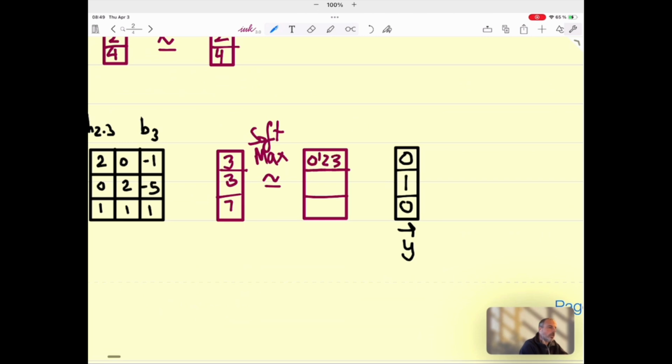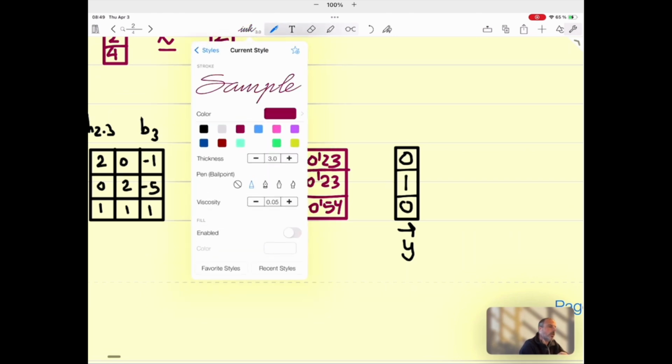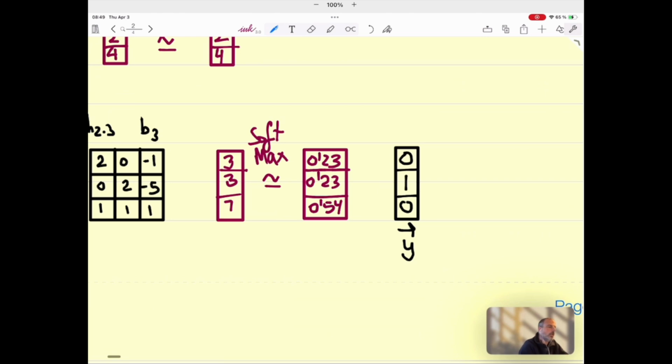So 0.23, 0.23, 0.54. And this is our output after applying the softmax. This is the output of our layer. That cool?